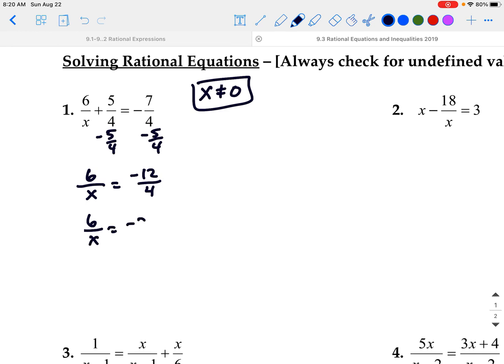So maybe we'll notice that 6 over x is equal to negative 3, which means 6 equals negative 3x if I multiply both sides by x. And then solving that, we'll see that x is equal to negative 2, which is not an extraneous solution. So that is our solution.